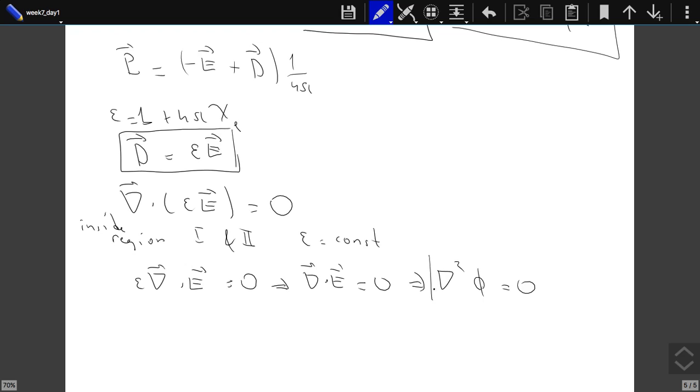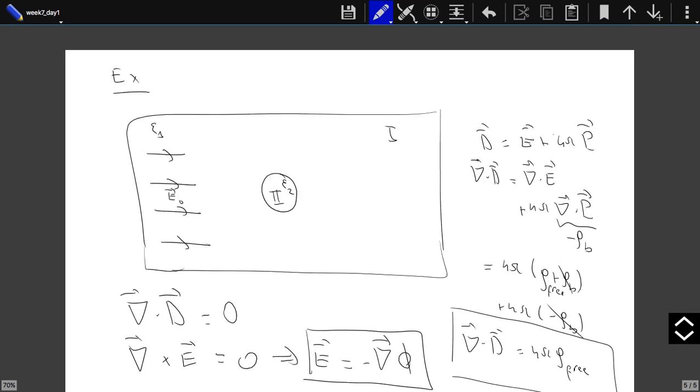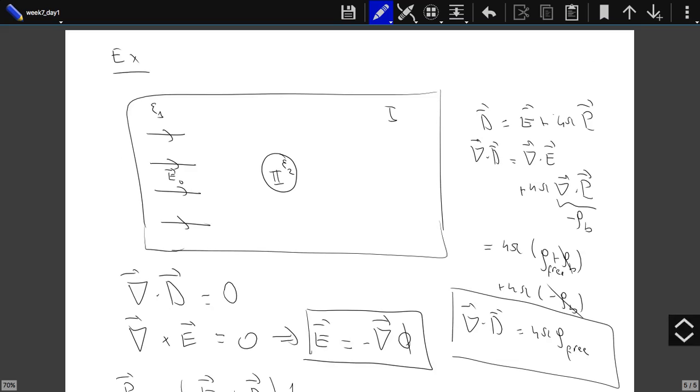Epsilon times the divergence of the electric field will be 0. The divergence of the electric field in both of these regions should be 0 because epsilon is non-zero. This tells me that the Laplacian of this potential should be 0 in both regions. So we basically need to solve the Laplacian.